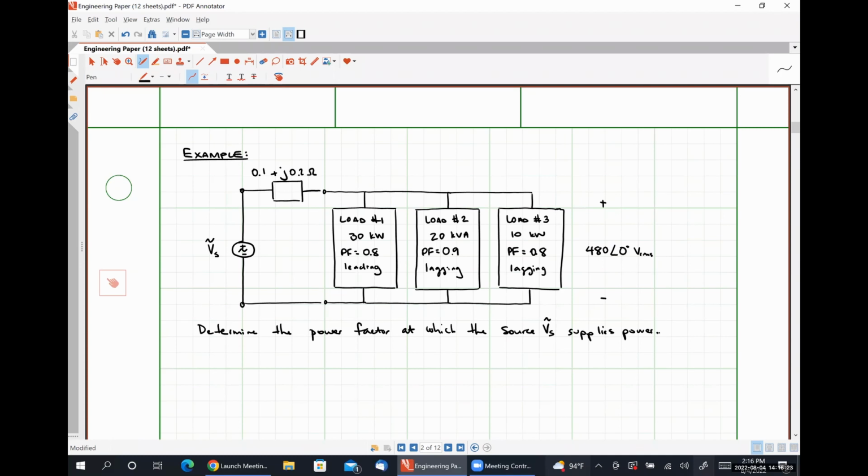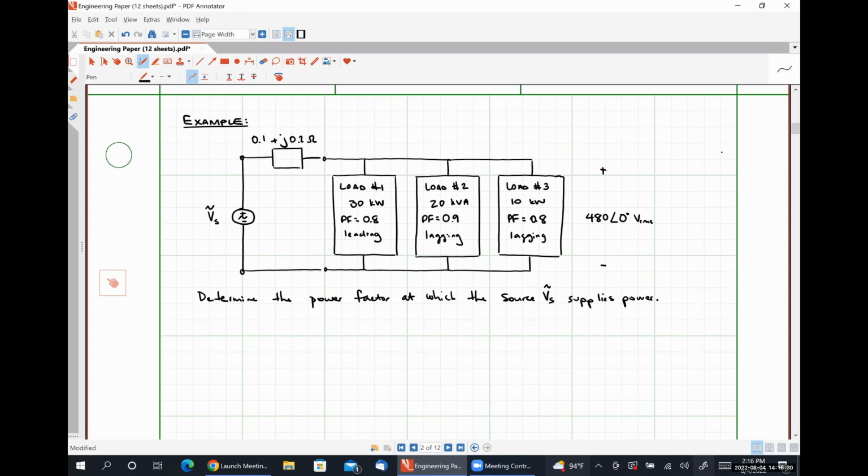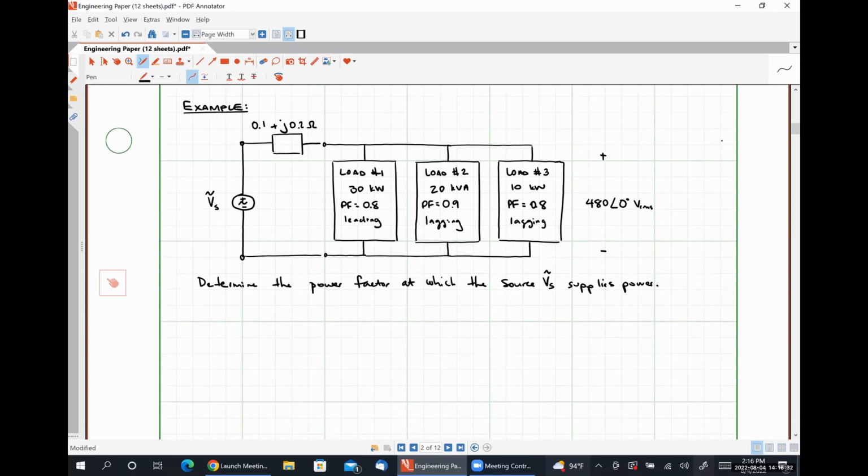So what we are going to do here is apply Tellegen's Theorem, which I talked about on our very second class meeting. Tellegen's Theorem simply states that the sum of the power absorbed in a system has to equal the sum of the power supplied in a system.